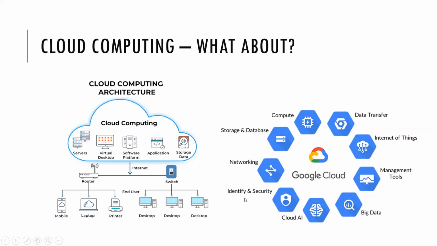Identity and security, IAM, is one which ensures the security between the services in Google Cloud, and also ensures proper security for the external traffic as well. And you have Cloud AI as well as IoT service offerings from Google Cloud, which are a little advanced topic beyond this course, but maybe we can check a few basic services.